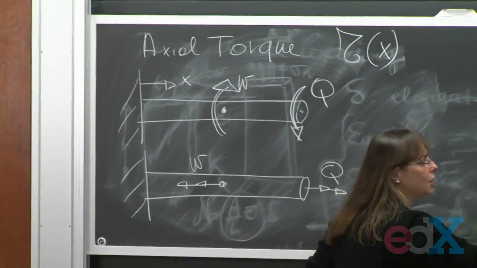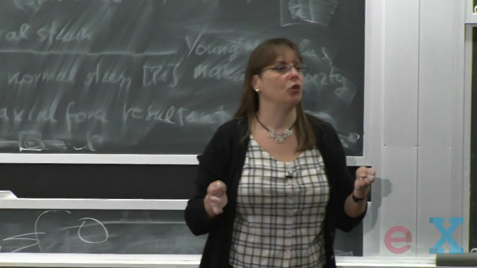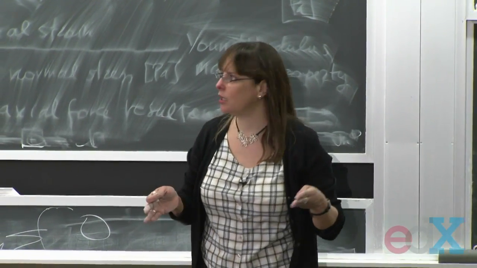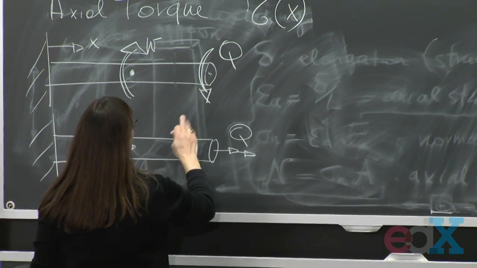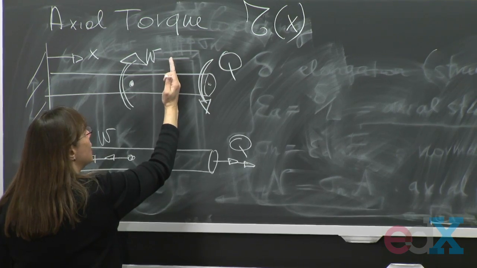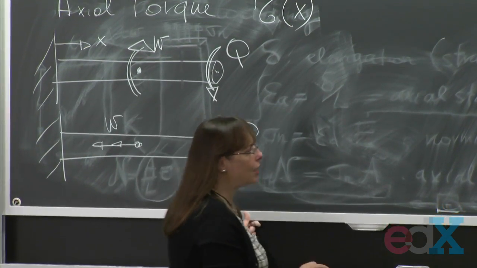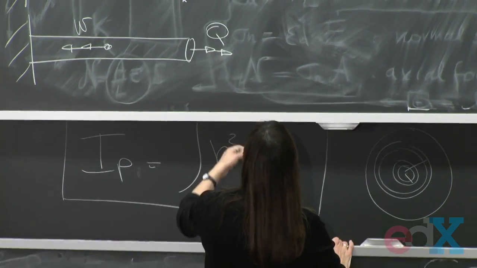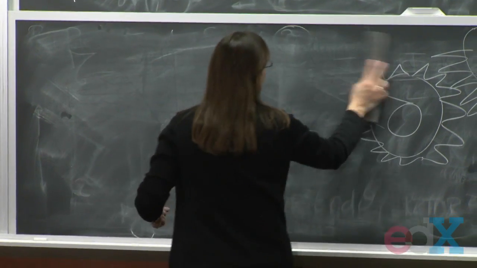So what do we do in axial loading now? We do sum of the forces x equals 0 to find the internal force resultant. So we would cut here, if it was a force, expose the axial force, and find it by equilibrium. We do exactly the same way in torsion, right? So the idea is exactly the same.